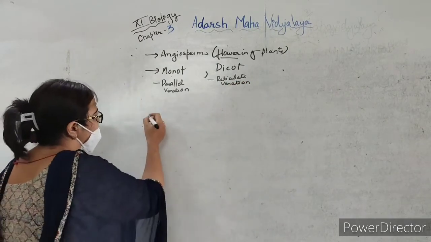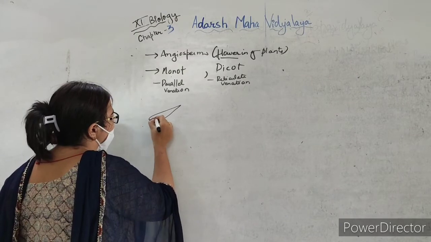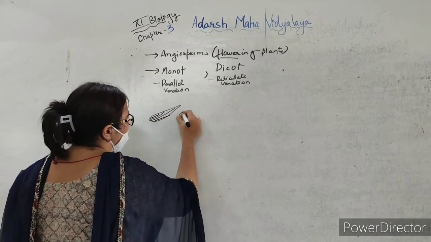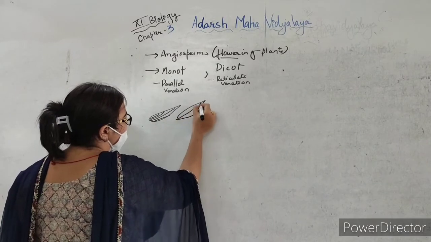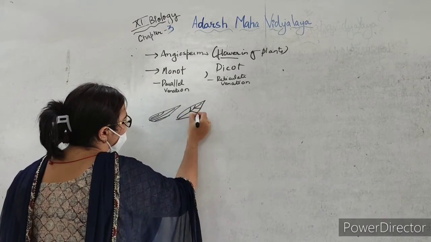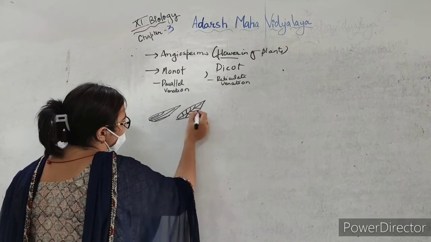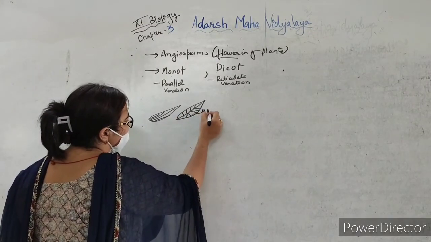See, there's a leaf in which you will see these veins. When they are parallel to each other, it is called parallel venation, and when it is like this, this is the reticulate venation.